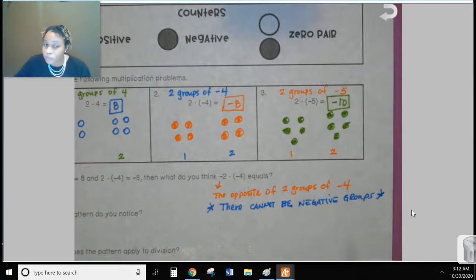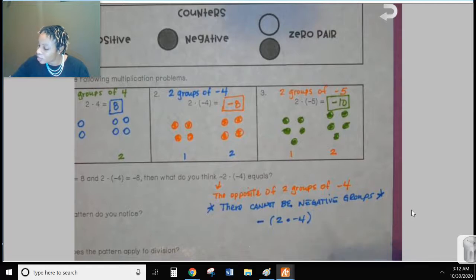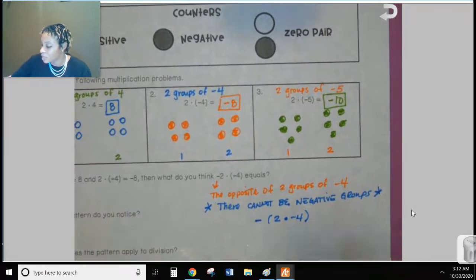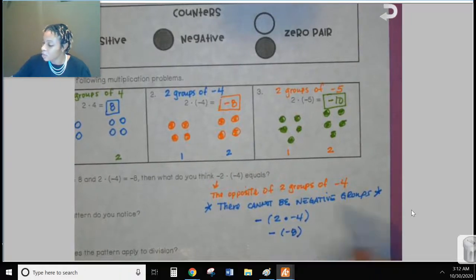So let's look at it how I wrote it. The opposite of two groups of -4. So we know that two groups of -4 is a -8. So what's the opposite of a -8? The opposite of a -8 would be a +8. So if you see a negative sign in the front, we make sure that we read that as the opposite of.